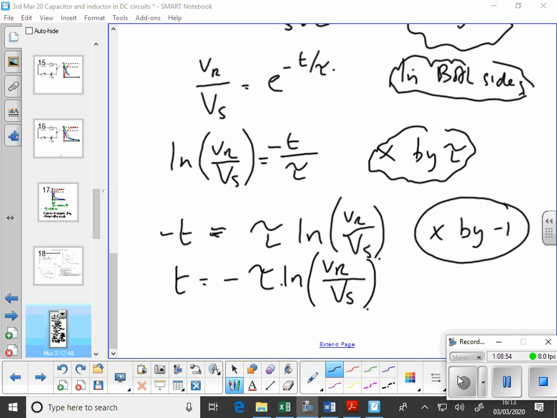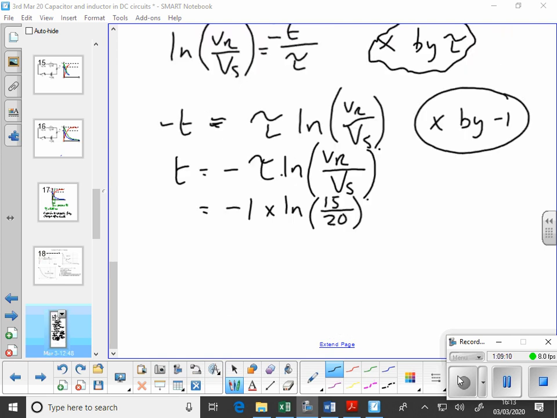Now we can put our numbers in. That is minus 1 times ln. We're looking for when the voltage is 15 volts, when it starts at 20. That's not the same as doing the power minus 1 though.